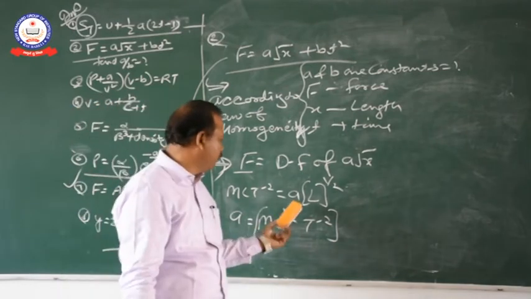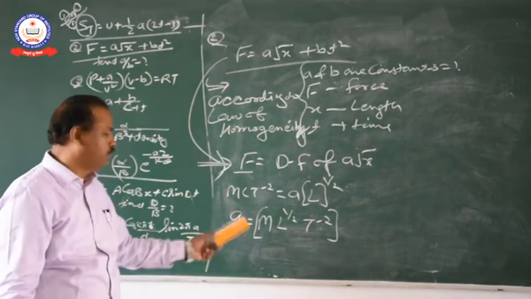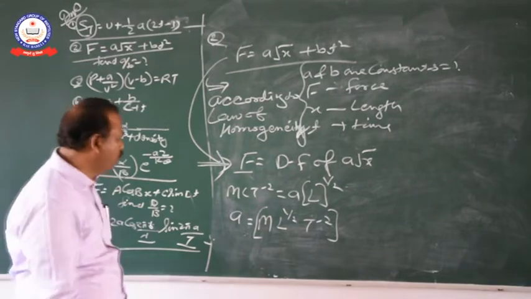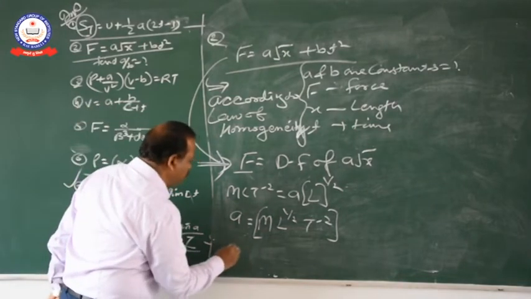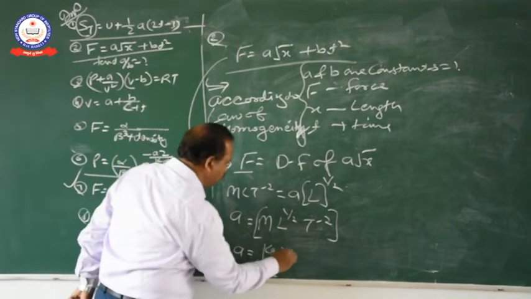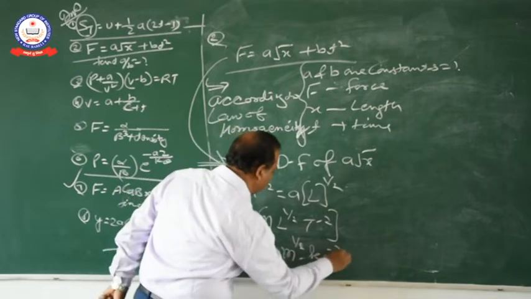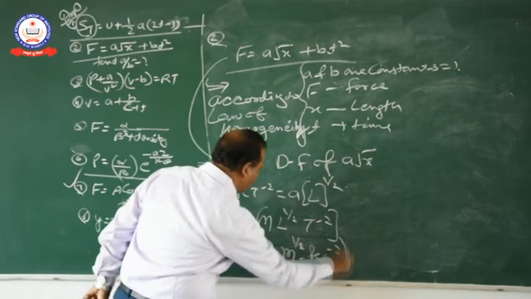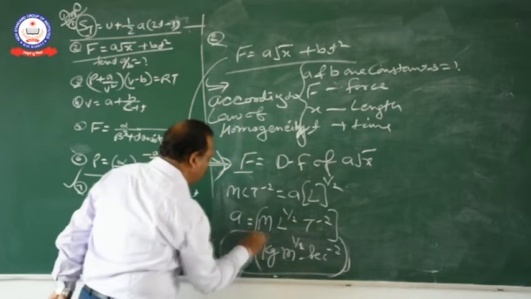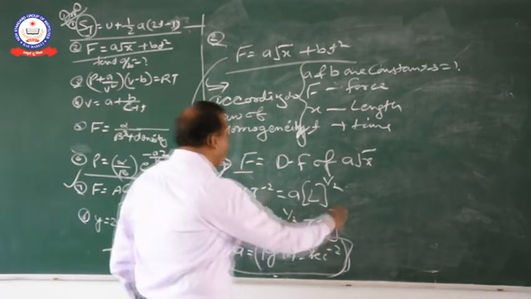This is the dimensional formula of A. If you want to know the unit, it is kilogram, meter^(1/2) and second⁻². This is the SI unit of A.